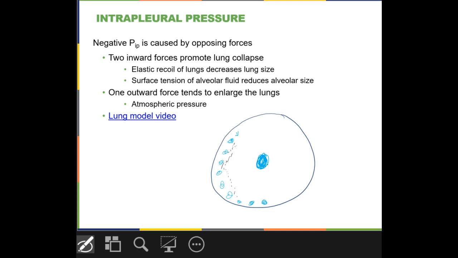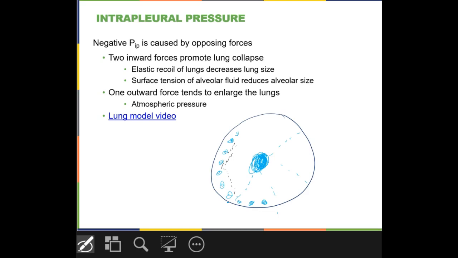But this is where things get complicated, right? The surface of your cells, that phospholipid bilayer, you will recall the polar head group on the phospholipid bilayer is able to hydrogen bond with the water. So the water molecules want to be next to each other in a ball in the middle, but they also want to stay next to your alveolar wall because the water can hydrogen bond with the cells that line your alveolus.